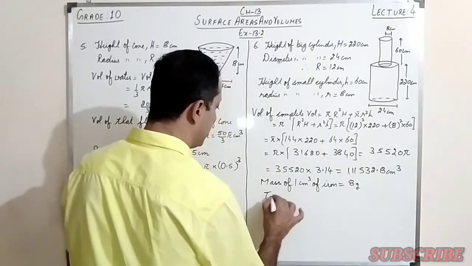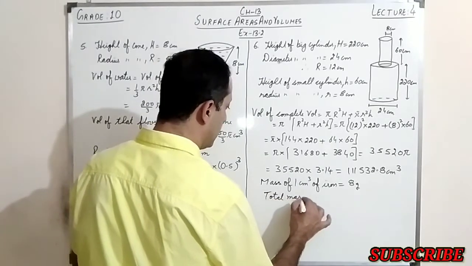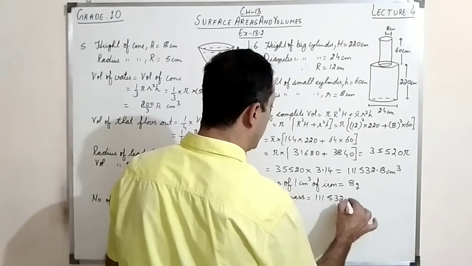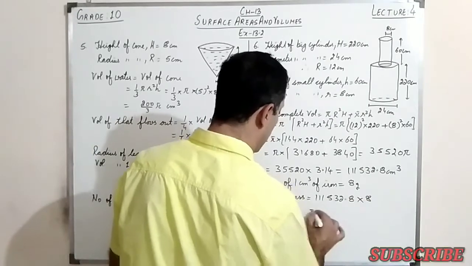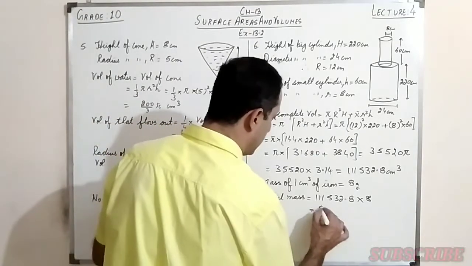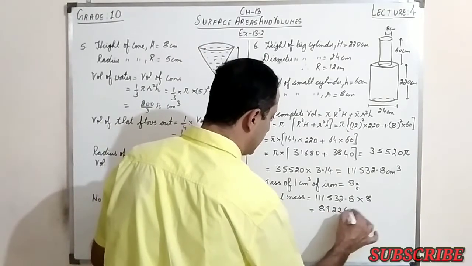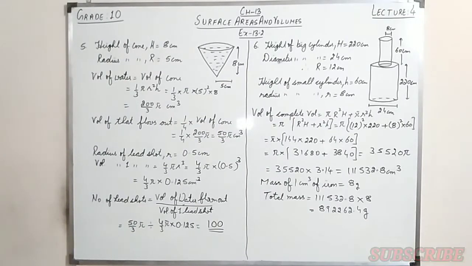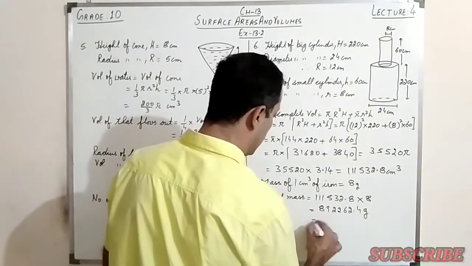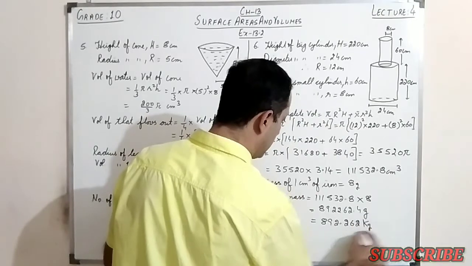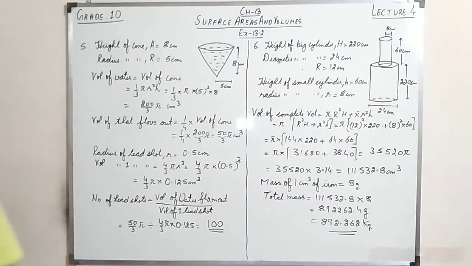So the total mass, obviously that will be equal to 532.8 into 8, and we get the answer as 892262.4 gram, and we can convert this into kilogram and we get it as 892.262. Right, so this is the solution of question number 6.